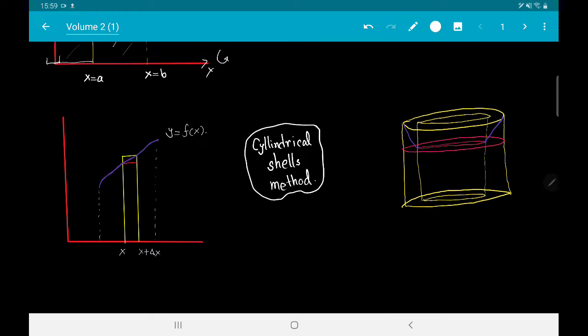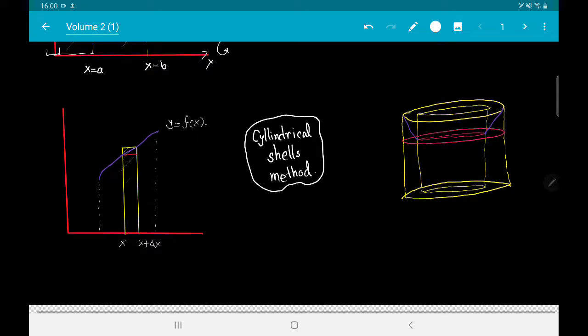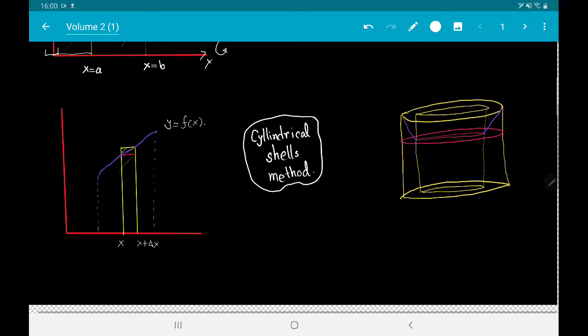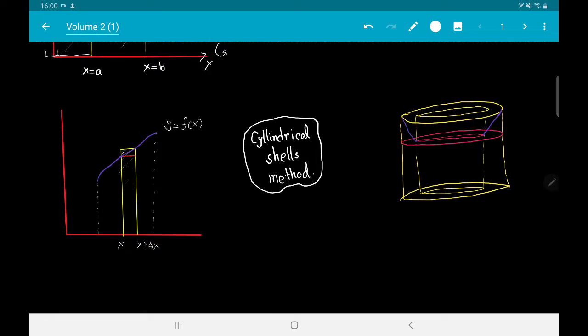One of the rectangles should be somewhat bigger than the region, and one of the rectangles should be somewhat smaller than the region, and then we are going to rotate these rectangles about the y-axis to approximate the volume of the solid that we are concerned with. So roughly speaking, let us look at pictorially how those things will look.